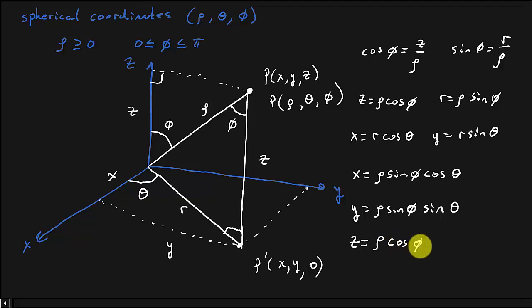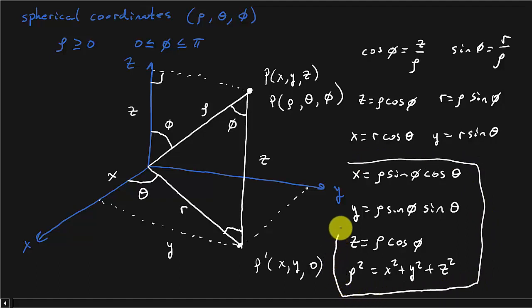And then by the distance formula, we know that rho squared is equal to x squared plus y squared plus z squared, that distance from here to here. And that's what you need to know.